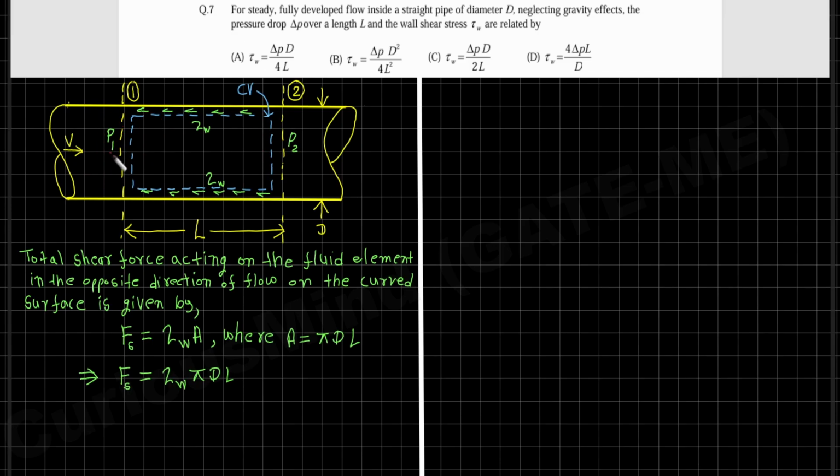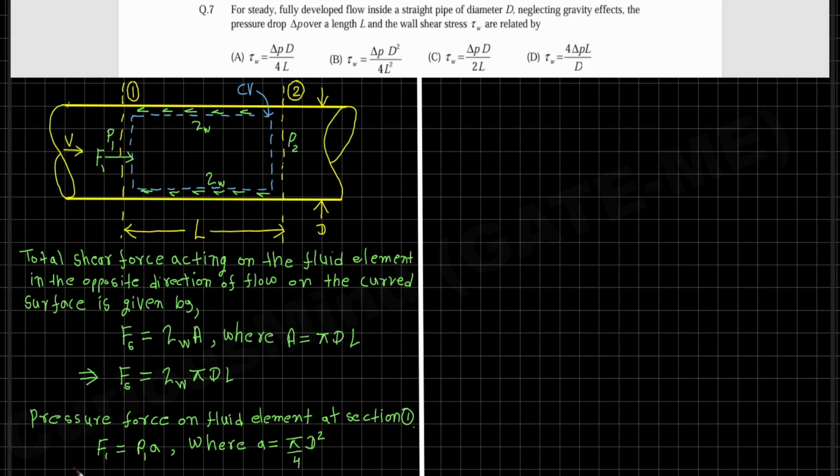Now we would write the expression of the pressure force F1 that the fluid at section 1 would exert on this surface of the fluid element. So we have the expression of the pressure force F1 on the fluid element at section 1.